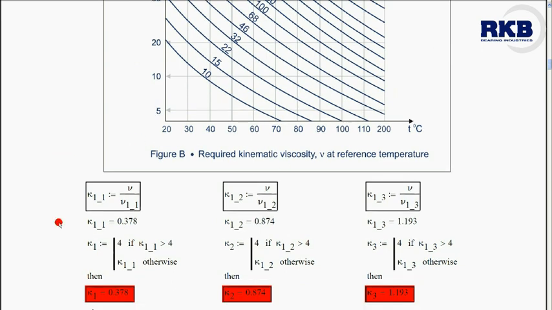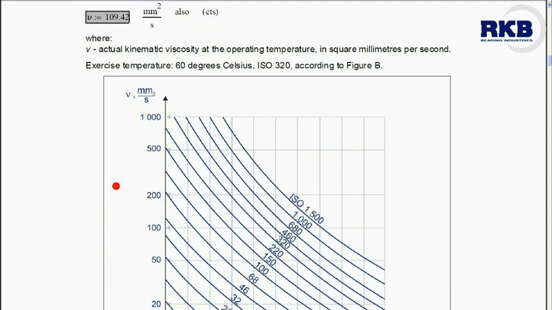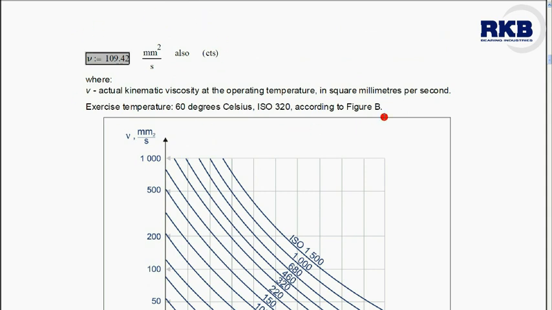The viscosity ratio is then calculated for each case using the value of the actual kinematic viscosity at the operating temperature, whose computation requires the interpolation between two reference points with the Ubbelohde-Walther equation.